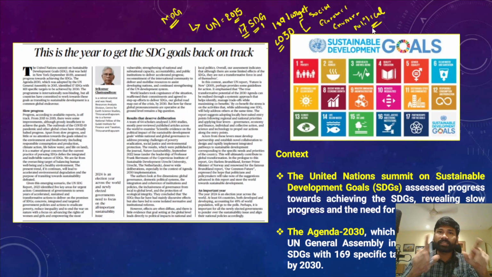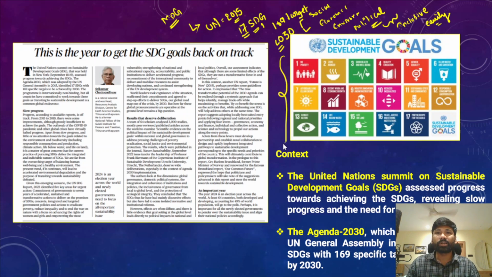And all these goals are very important for environmental sustainability, biodiversity protection, and at the same time the inclusive development of all the countries and ensuring equity at different levels, right? So these are the 17 sustainable development goals outlined by the United Nations.